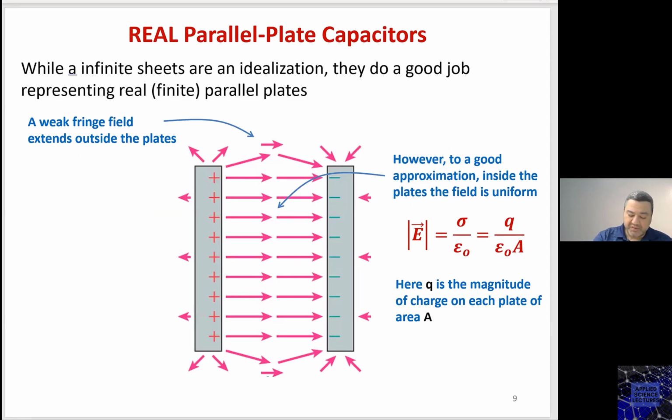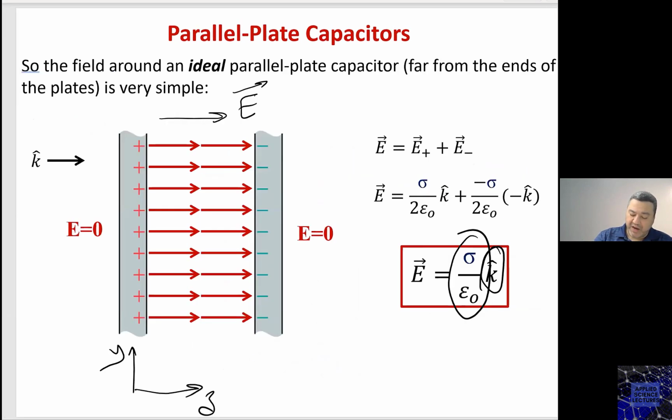Now, here ideally, the electric field outside is zero, and no electric field right at the edges. This is an ideal approximation for the electric field between two plates.